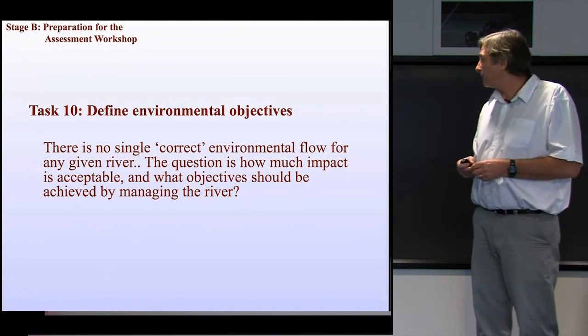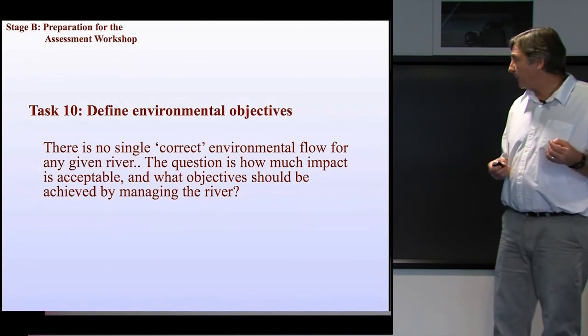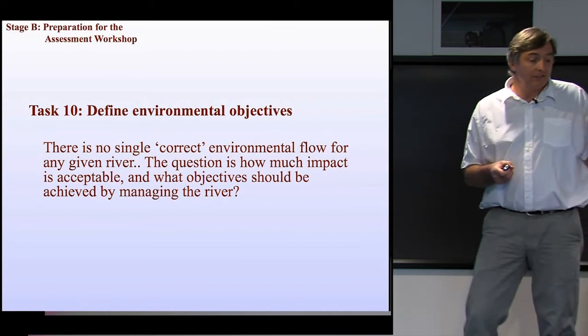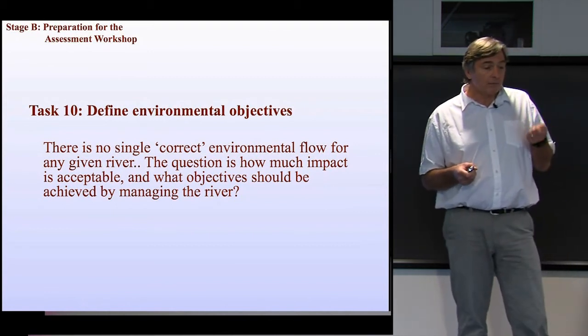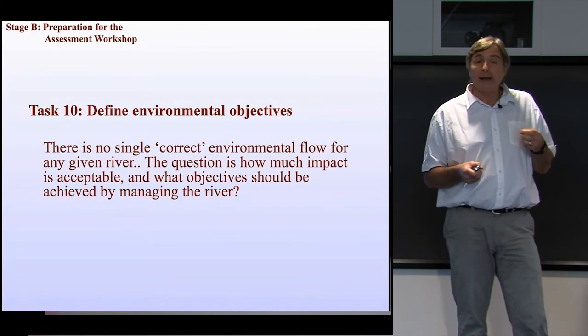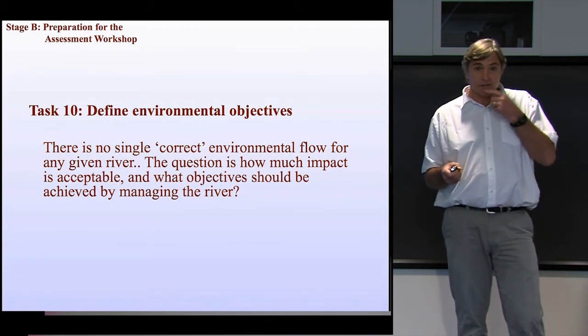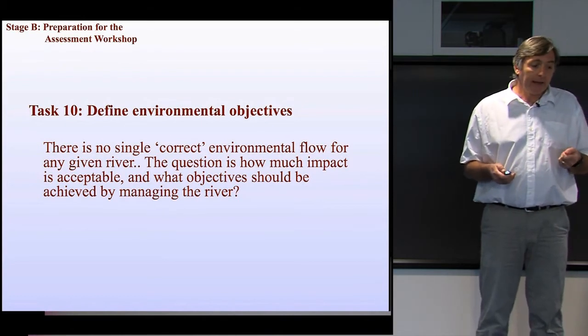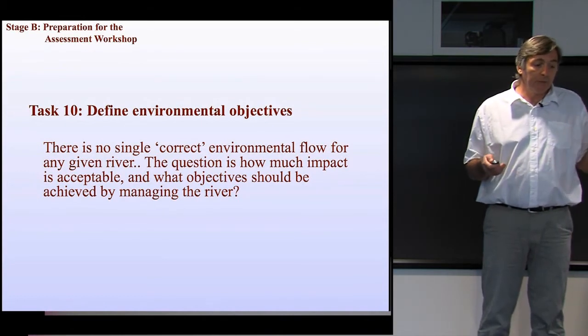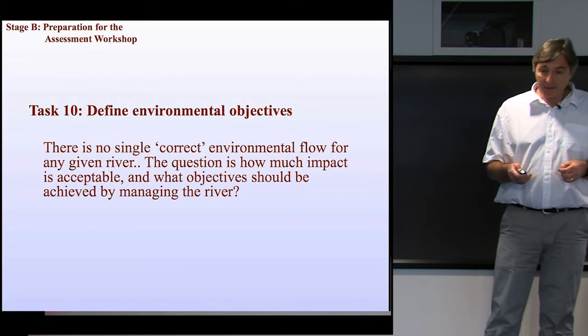All right, so task 10, to define the environmental objectives. There's no single correct environmental flow for any given river. The question is how much impact is acceptable and what are the goods and services that the various stakeholders expect from the river, and what objectives could be achieved or should be achieved by managing the river.